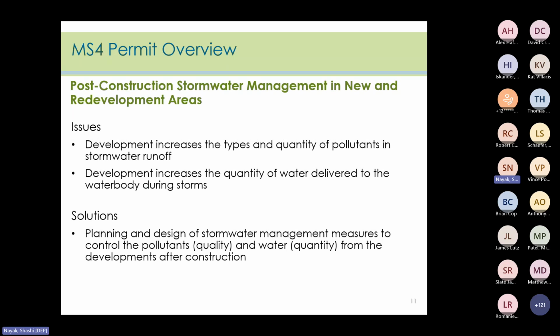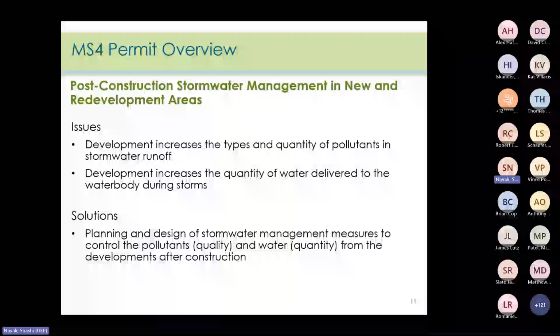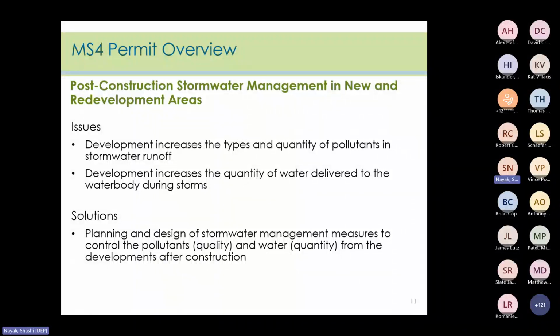Now, let's take a look at the fourth minimum standard, introduced a few slides ago, requiring the permittee to develop, update, implement, and enforce a stormwater management program. The purpose of the stormwater management program is to address the negative impacts caused by development, some of which are listed on the slide and will be covered in more detail in the next presentation.